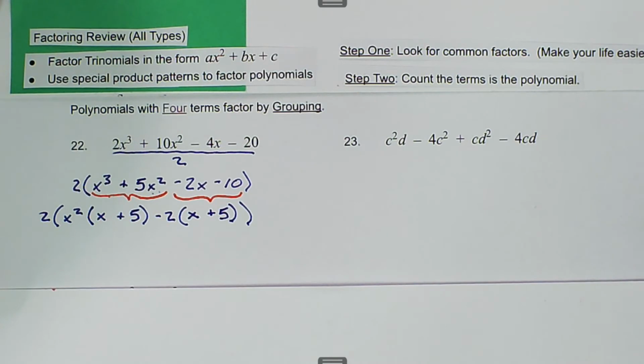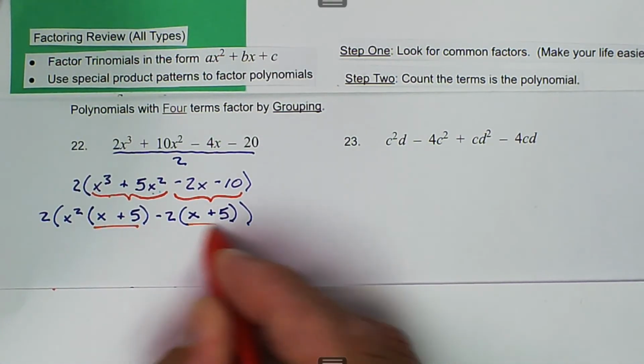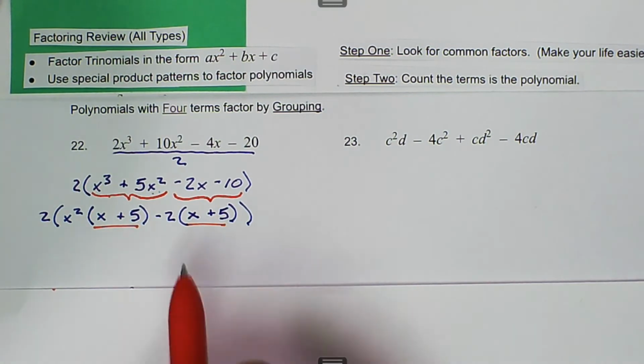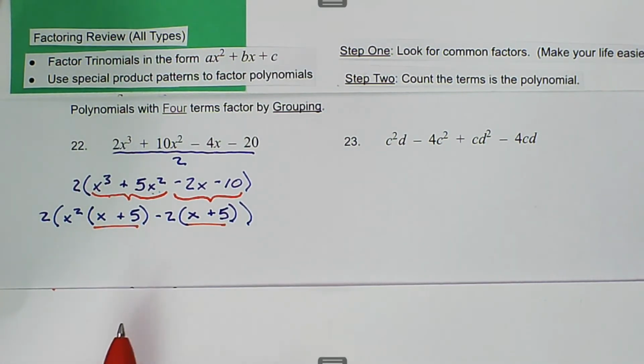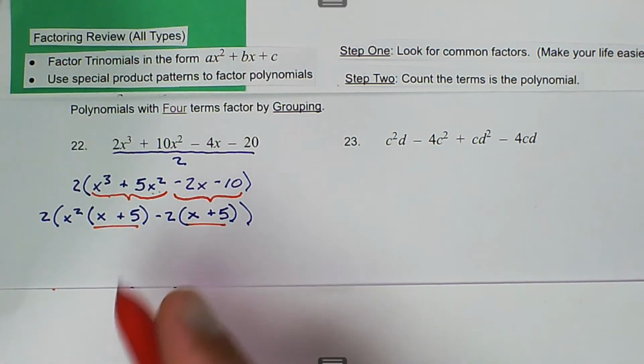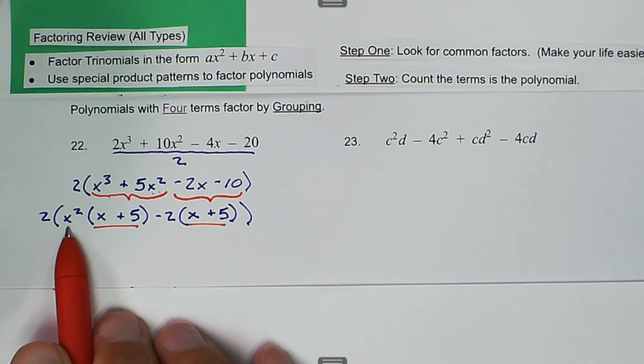So now, factor by grouping, we have created 2 groups that are exactly the same. We have an x plus 5 and an x plus 5. Those are the same. And so we can pull these out because now they're common.